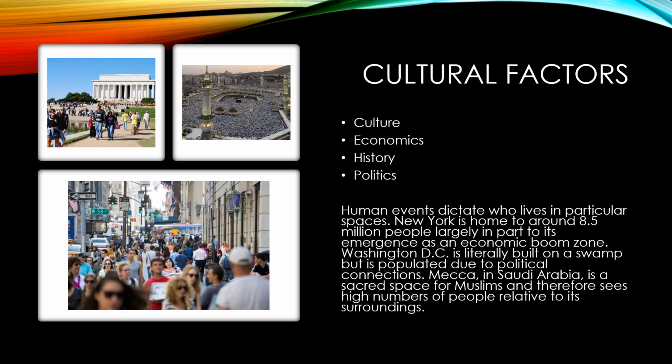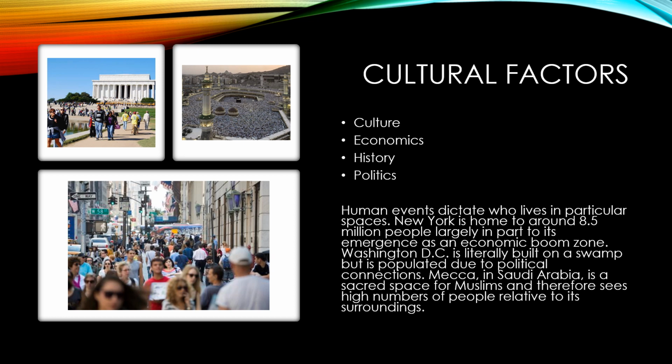People don't move to New York for the weather. They don't move there because it's where the Hudson River is, and they like to just roll up and down the river. That's not what they're doing. They're there because jobs are there. So we have population clusters where the economics are strong. And because of the economics, culturally it is built up and it has a shared history, and it's also a political center. But the economics drew the population there.